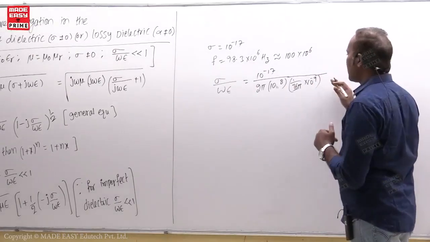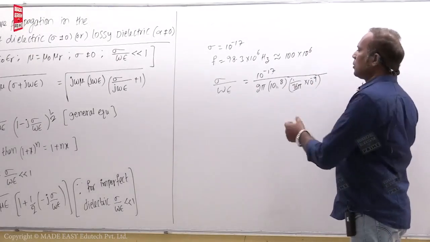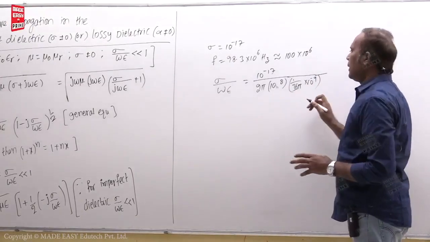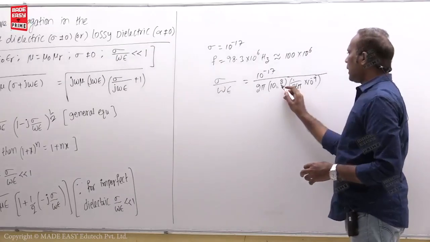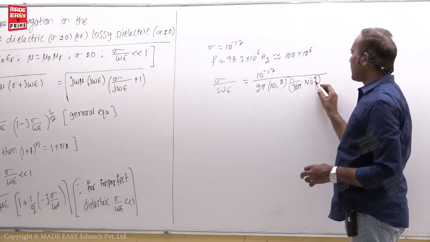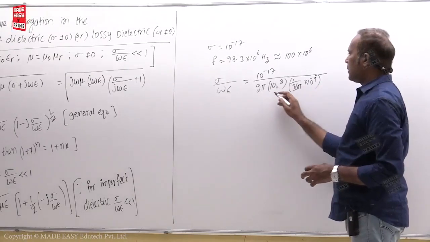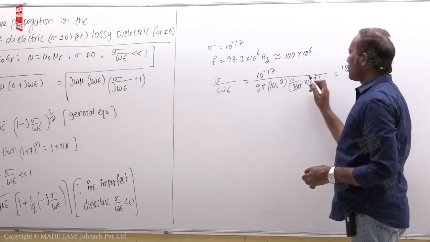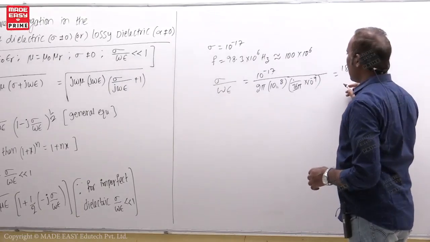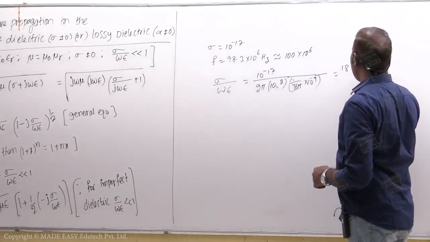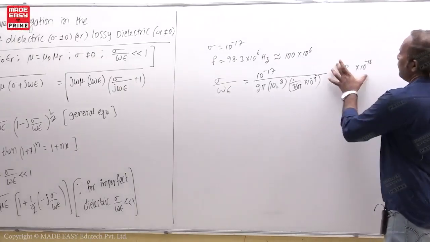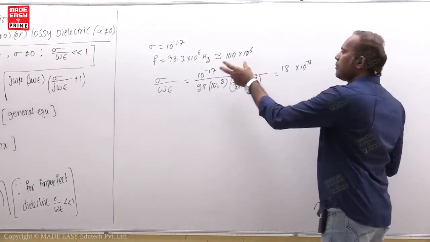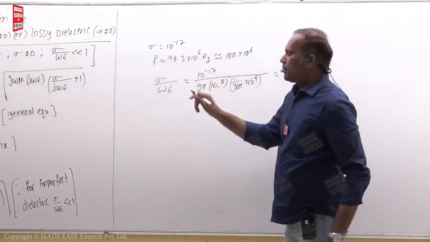For the time being, take epsilon r equal to 1, I have taken epsilon naught for simplicity. Now 10 power 8, 10 power minus 9, pi cancels, 18 goes to the numerator, then approximately 10 to the power minus 16. That means this value is very, very small. Really that value is very small. That is why we are taking that condition.